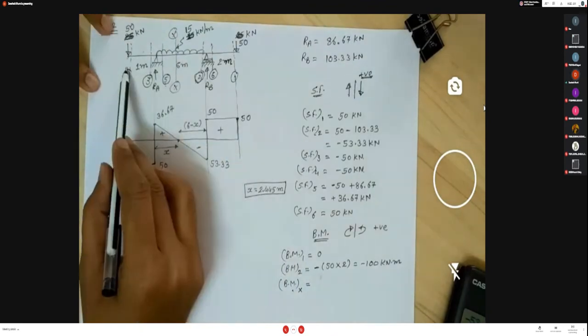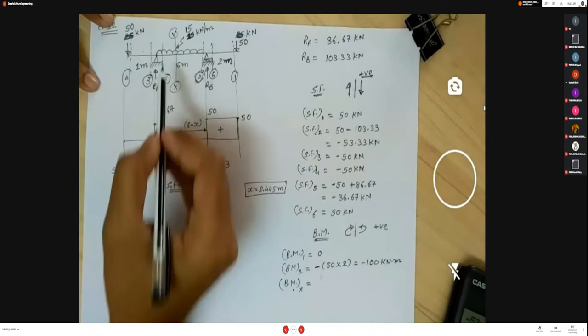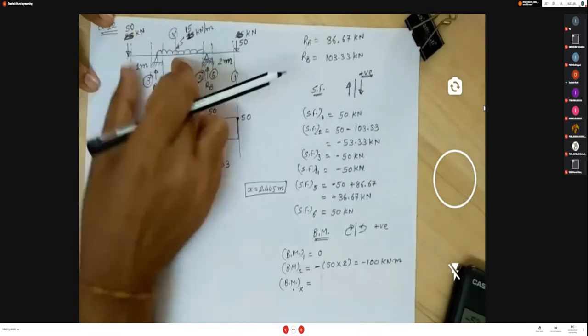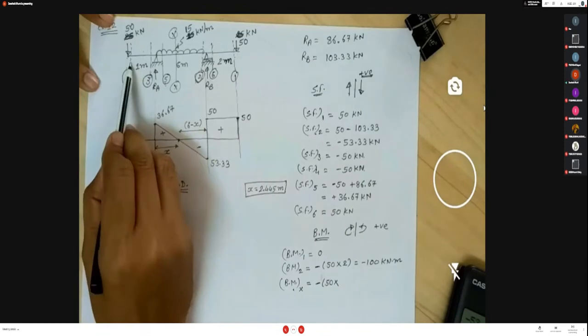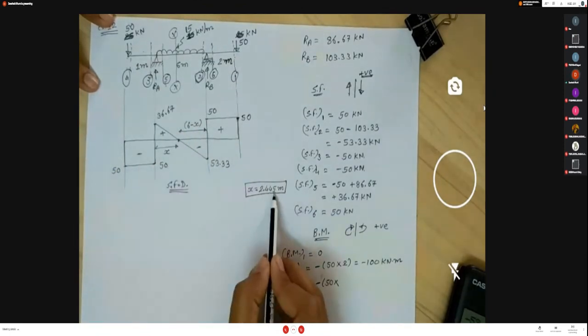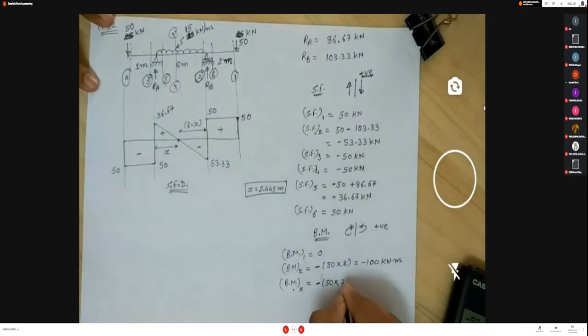Consider the left hand side portion. The left hand side sign convention is clockwise positive. So at section XX, this 15 kilonewton produces an anti-clockwise moment. So minus 15 into this distance, which is 1 meter plus 2.445, so the total distance is 3.445.